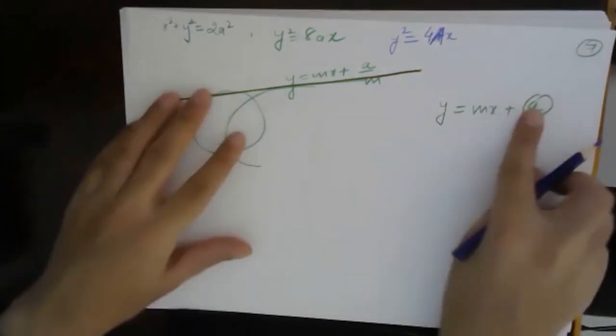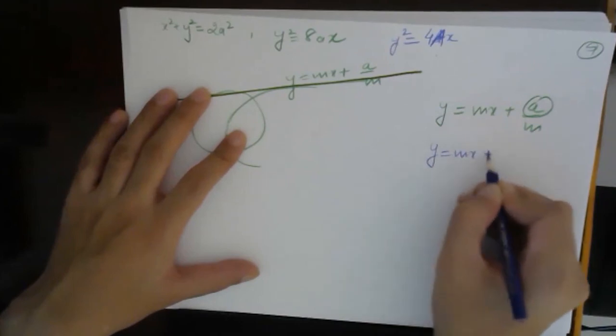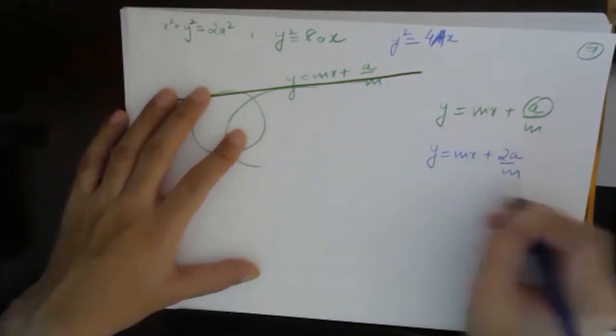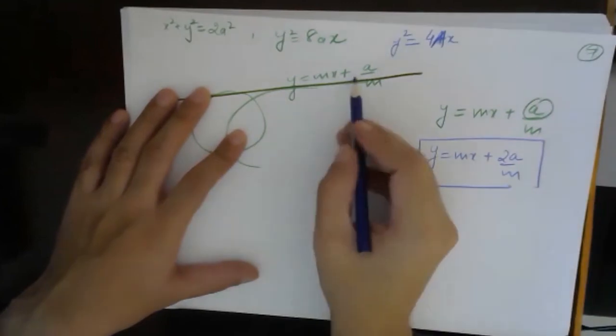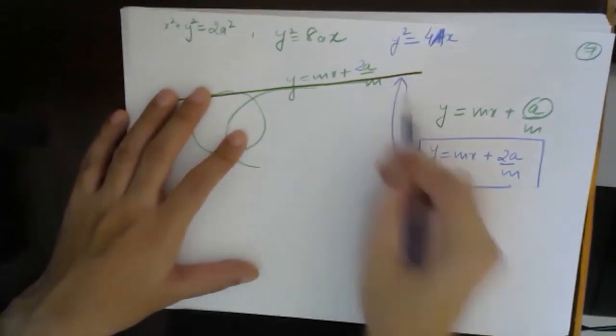So here I can substitute 2a, and this becomes y is equals to mx plus 2a by m.